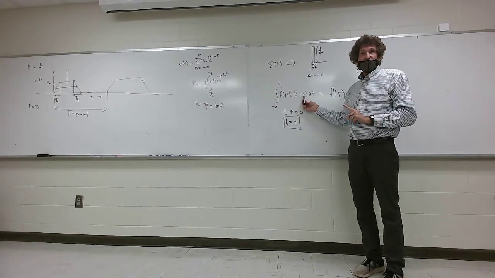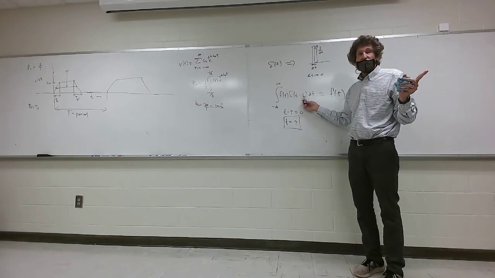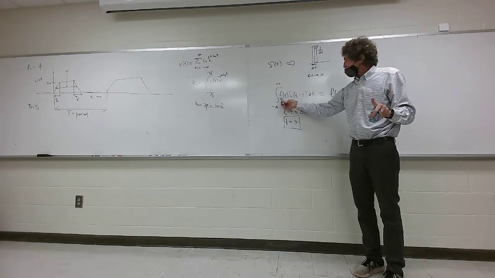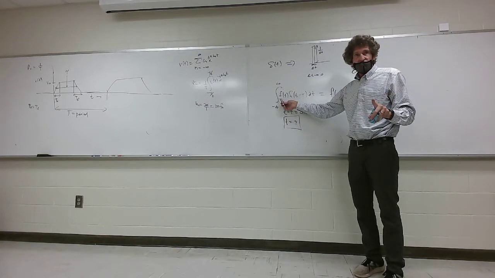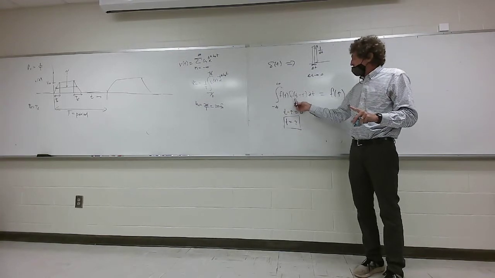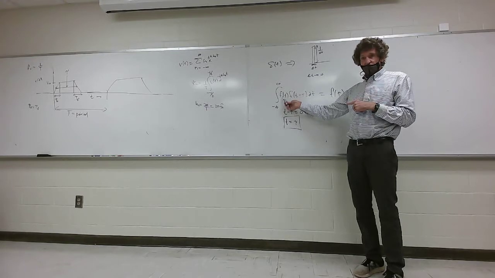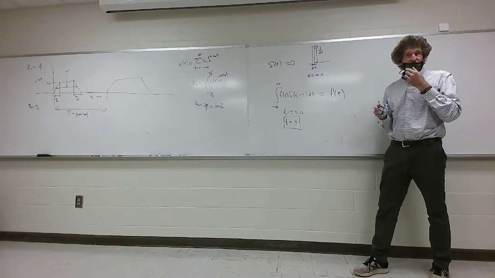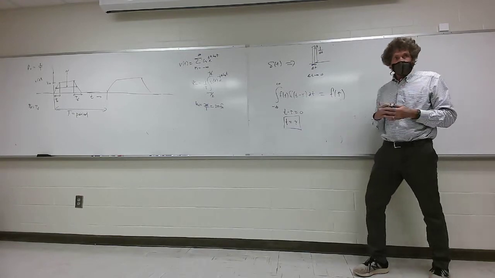And everybody's trying integrations every which way, wasting all their time. The truth is, the only thing that matters is the value of all the stuff adjacent to this delta function when it turns on. Here, it would be at tau. So you simply evaluate the adjacent function at tau and pull it out, and that's it. Y'all follow me? That's the sifting property, and it's very important.